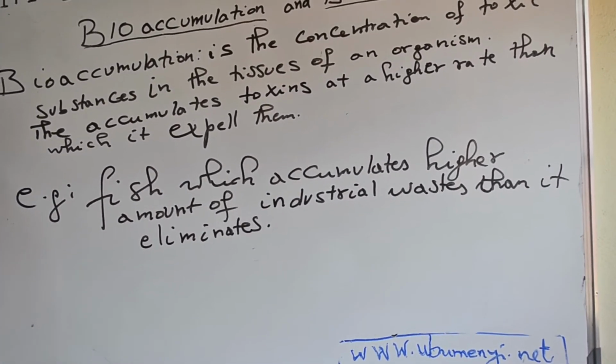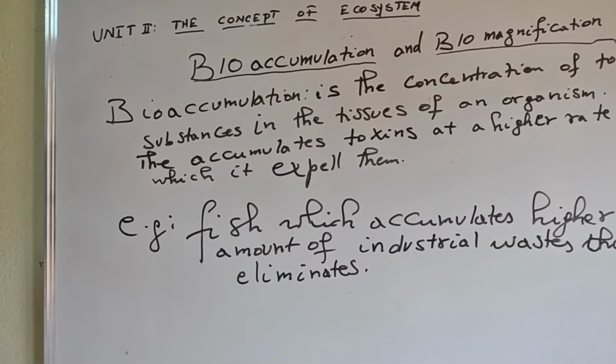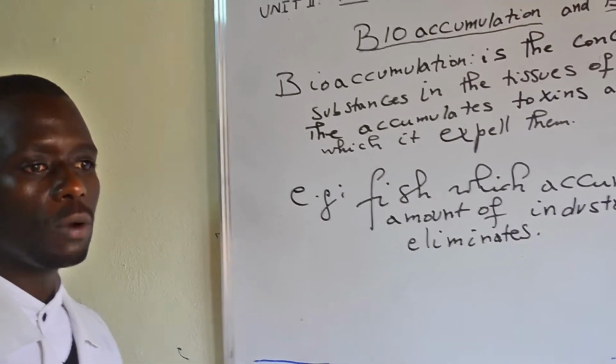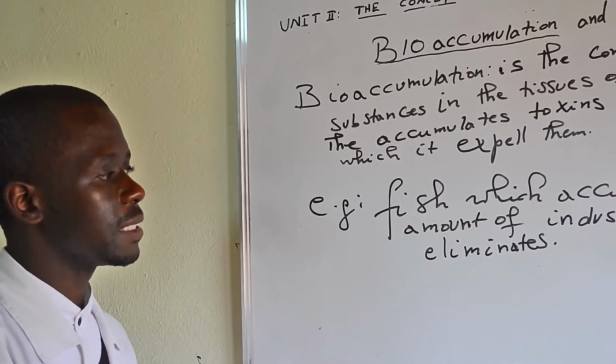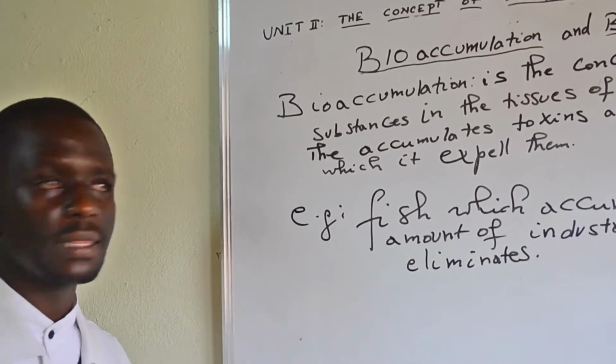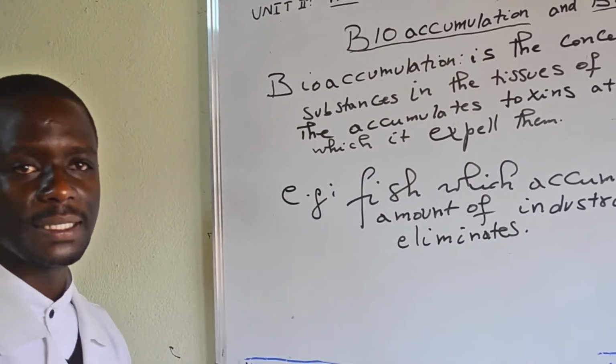Because some industries live near water bodies and they put the waste products in water, and when the fish is accumulating those industrial wastes at a higher rate than which it eliminates them, that's bioaccumulation.